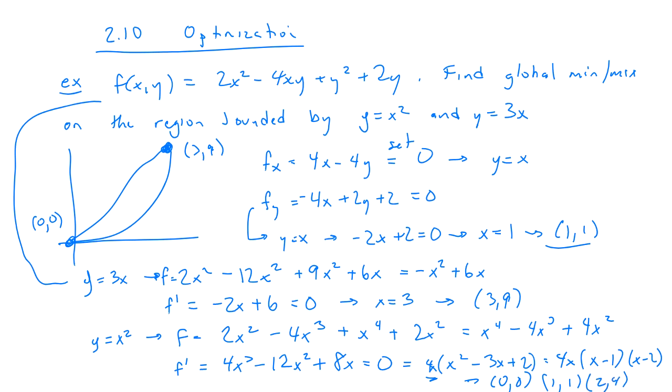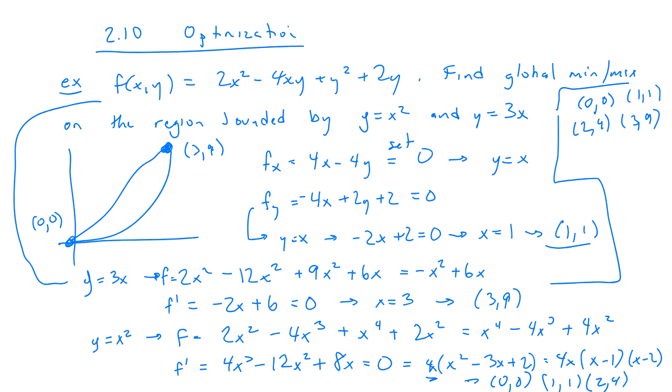So at the end, we have lots of possible points. The possible points, which I'll go to the next page and use, we have 0, 0, we have 1, 1, we have 2, 4, and we have 3, 9. Only one of those is a critical point.